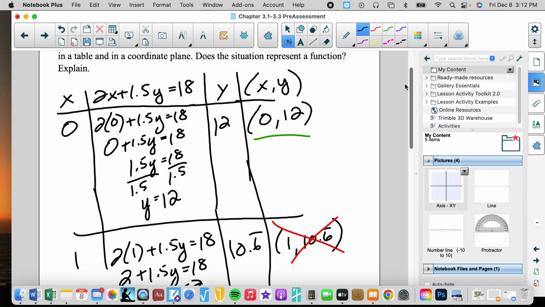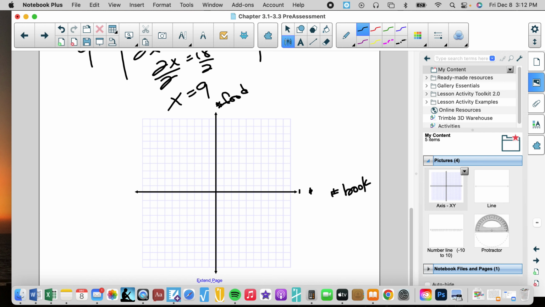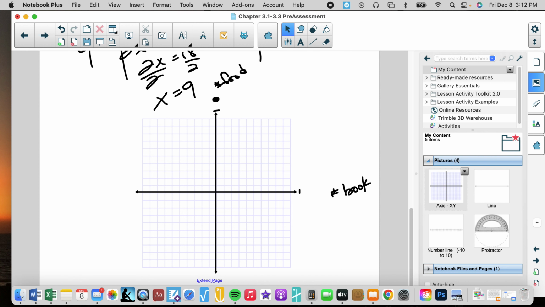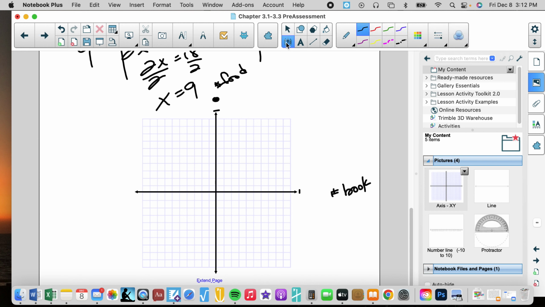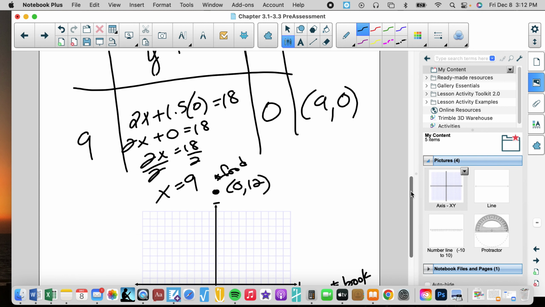So if I use these points, this point right here represents 0 book, 12 food. 0 for x, which is book, and 12 for y, which is food.